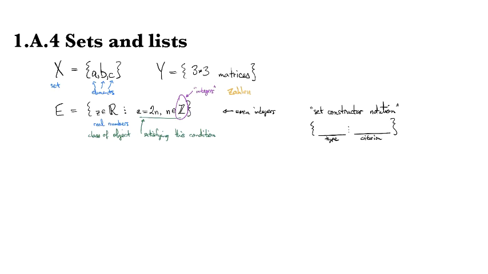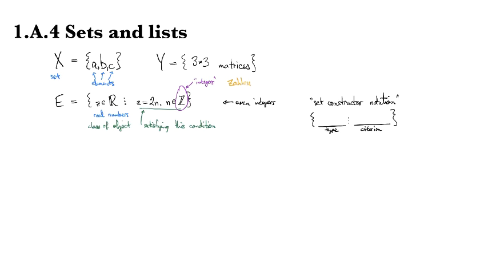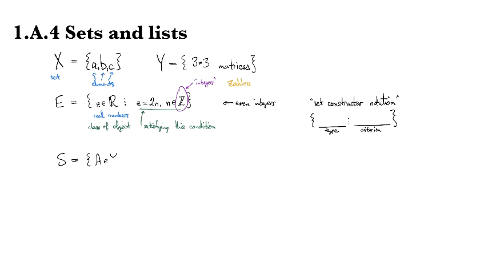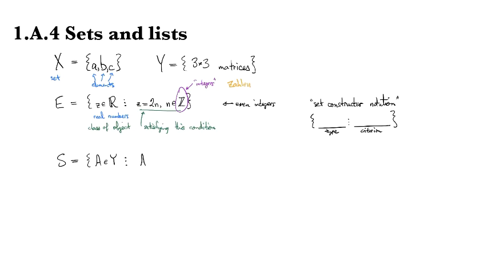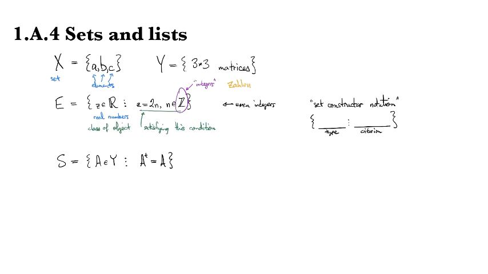Okay. Let's see. So what's another example? Let's take S to be all the elements of Y. So that is all the 3x3 matrices, such that if I take a transpose, I get A back again.